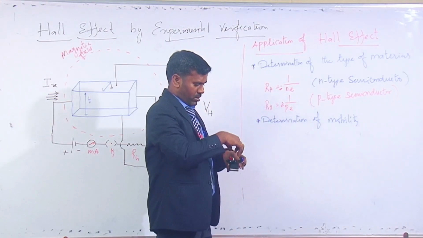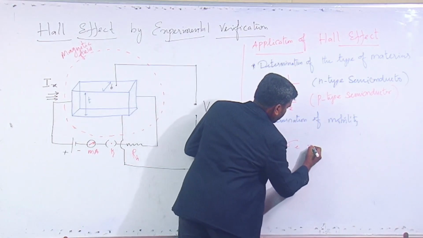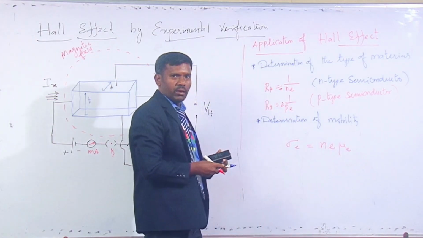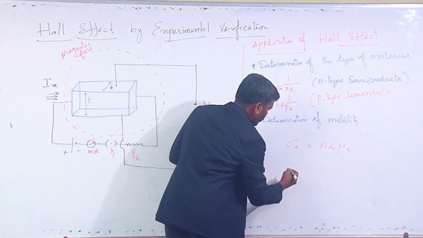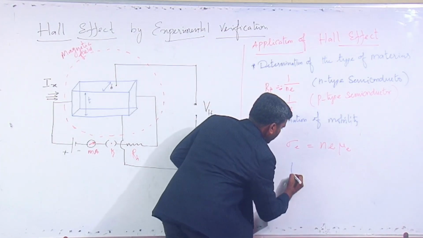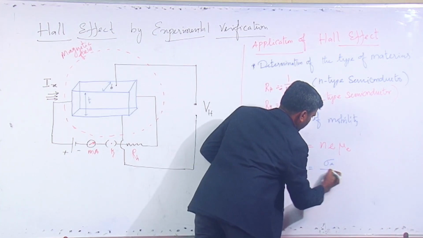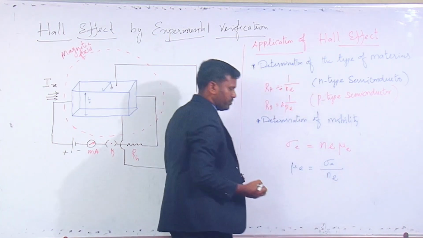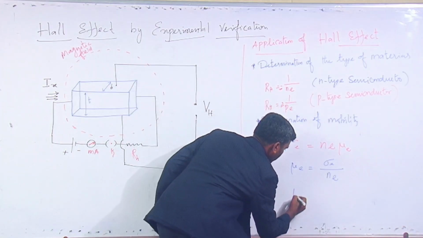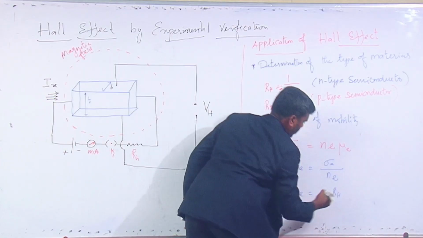Already you know that the electrical conductivity sigma E is equal to N E mu E. From this equation you can write mu E is equal to sigma E divided by N E. Already you know that mu E is equal to sigma E into RH.